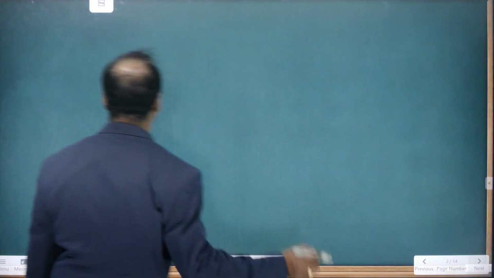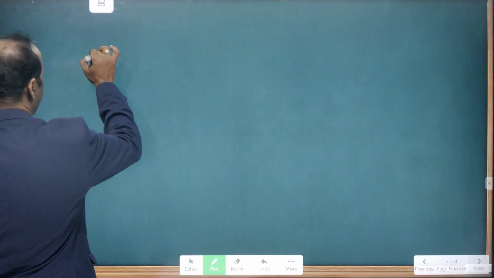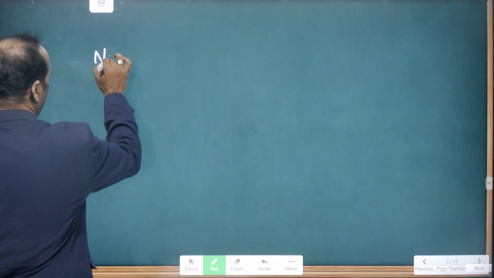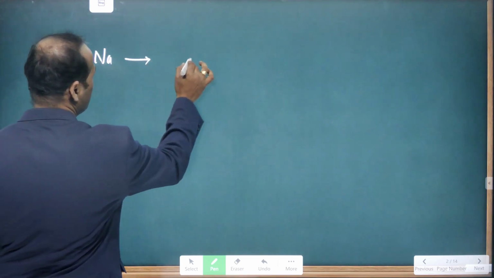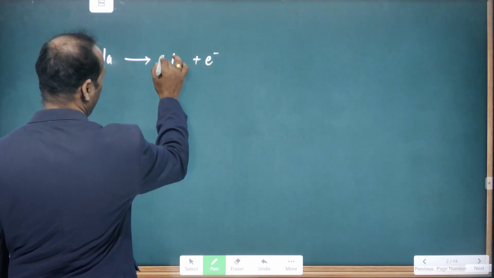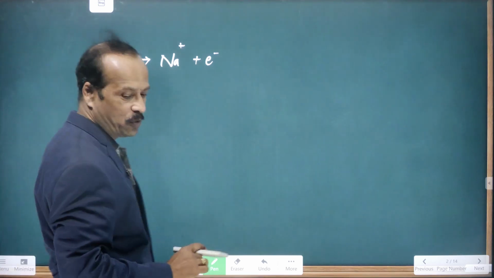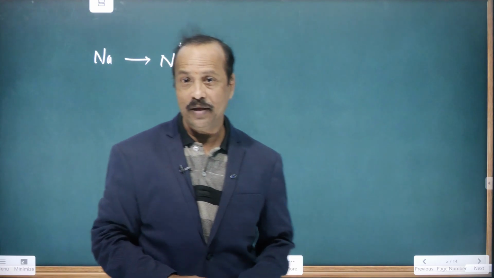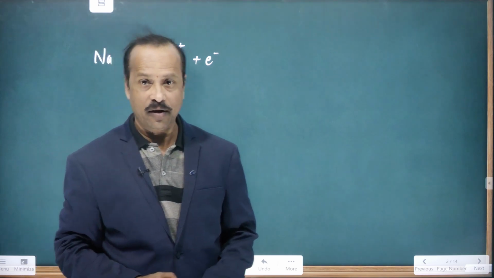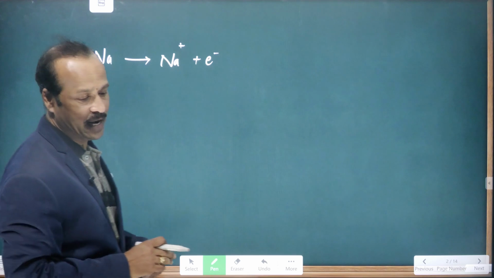For example, sodium: if it loses one electron, it becomes Na+. So sodium is losing one electron to become a sodium ion. This is called oxidation because it is losing the electron.